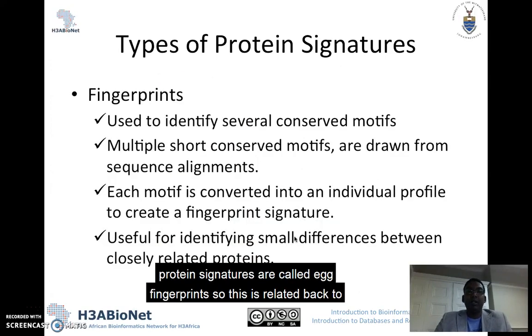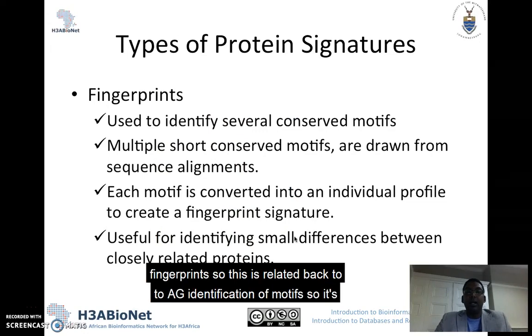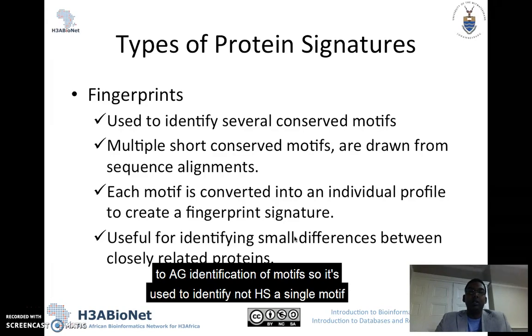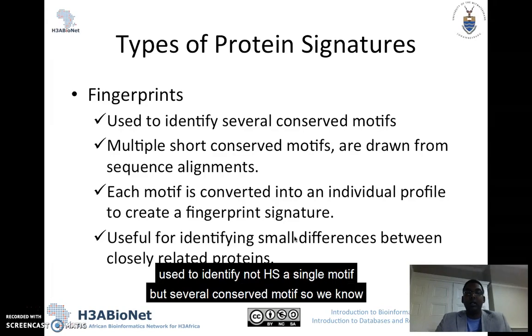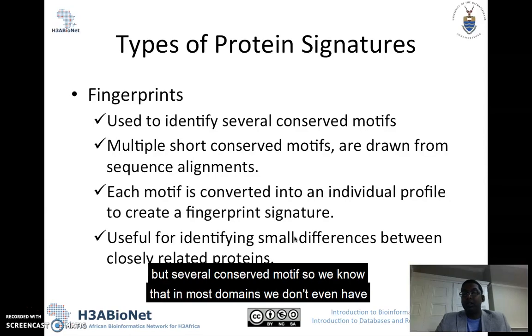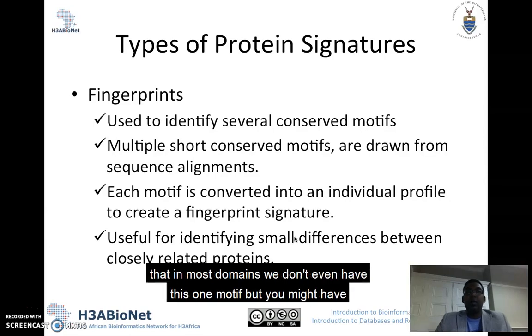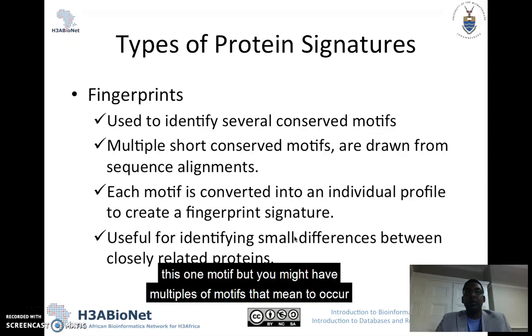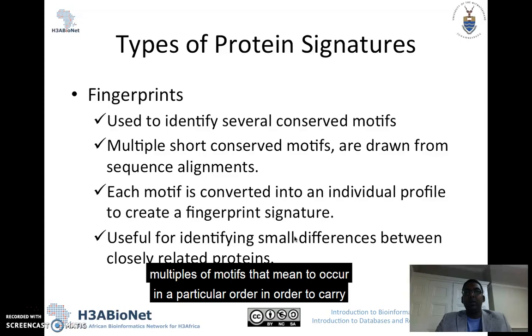The next type of protein signature is something called a fingerprint. So this is related back to the identification of motifs. So it's used to identify not just a single motif, but several conserved motifs. So we know that in most domains, we don't usually have just one motif, but we might have multiple motifs that need to occur in a particular order in order to carry out the function of that protein.